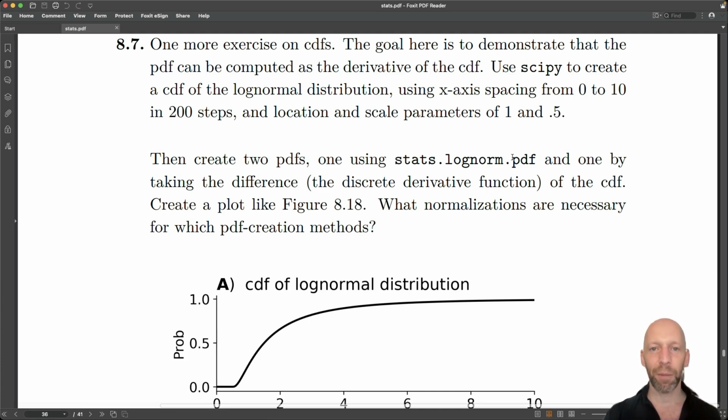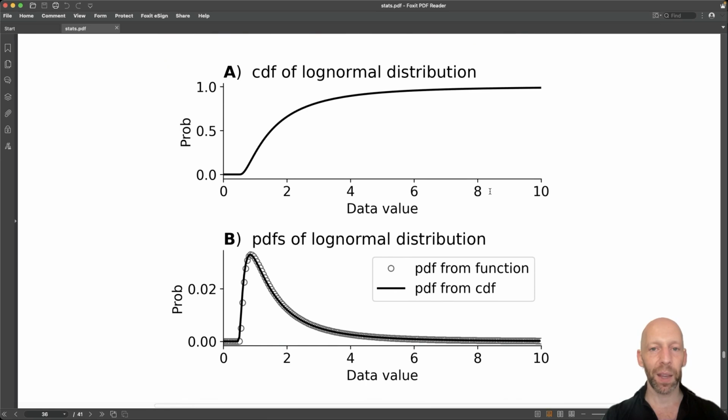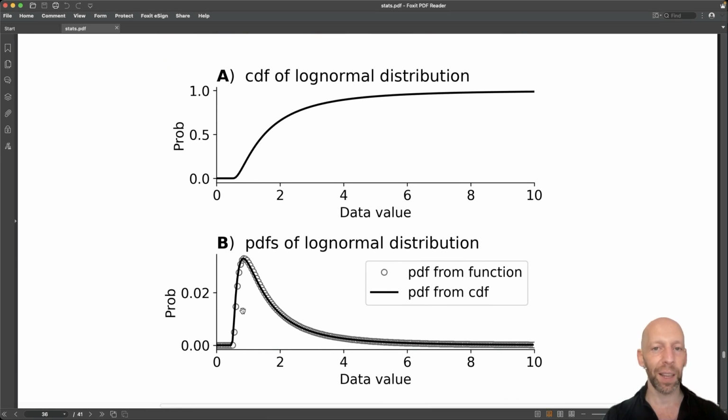So you get one PDF from a formula, from code, and another empirically by taking the discrete derivative of the CDF. Okay, so then you want to make sure that you get a plot that looks like panel B. So you get the PDF from the CDF, so this is the empirical function, and this is from the SciPy lognorm.pdf function.